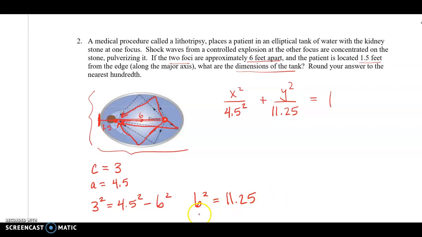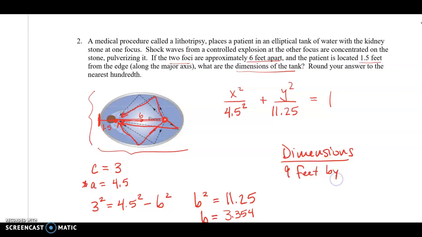But I guess I do need to find what b is, and obviously not a nice number, square root of that, which is 3.354. And so for the dimensions, what are the dimensions of this ellipse? Well, the major axis would be double the a value, so 9 feet.